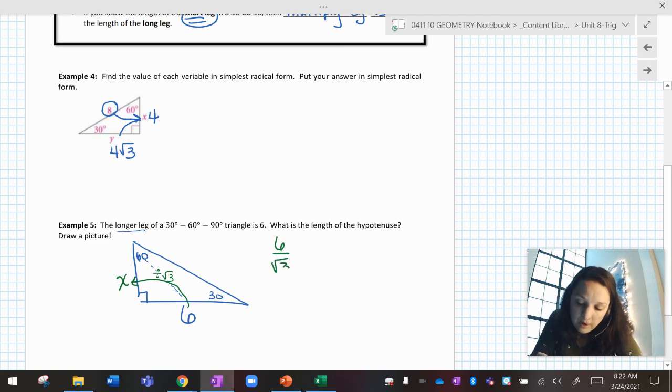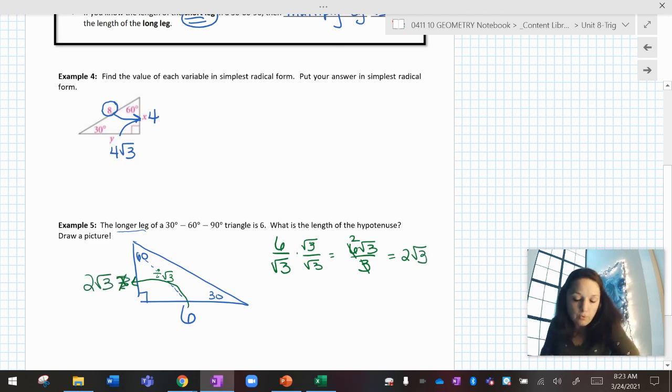So 6 divided by root 3 is 6 root 3 over 3, which is 2 root 3. This side right here is 2 root 3. If I know the short side, I double it to get the hypotenuse. 2 times 2 root 3 is 4 root 3.